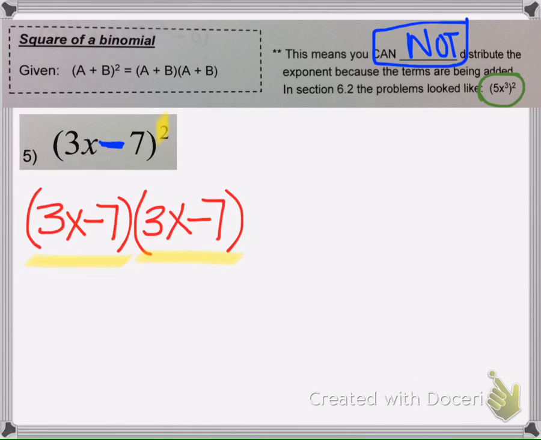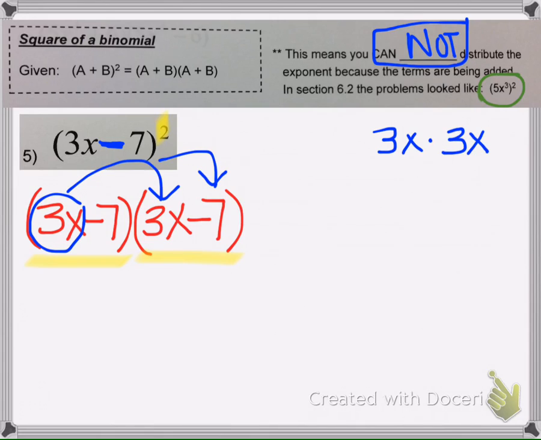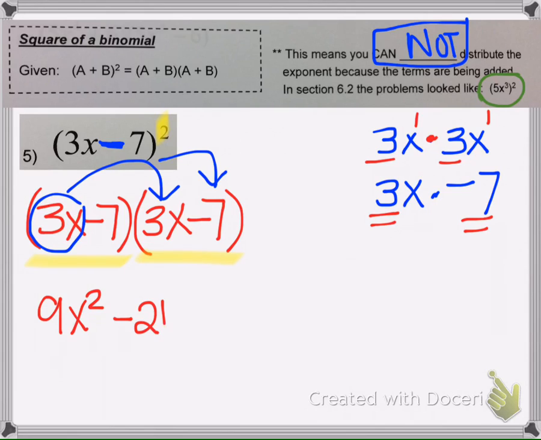Okay, so we're going to start with this 3x, and we're going to multiply it to both of these. Again, it's optional if you write this part out here. You can do it in your head. So we'd have 3x times 3x, 3 times 3 is 9, and then we add the exponents when we multiply. And then 3 times negative 7, and then the x. Okay, now we're going to multiply the negative 7.